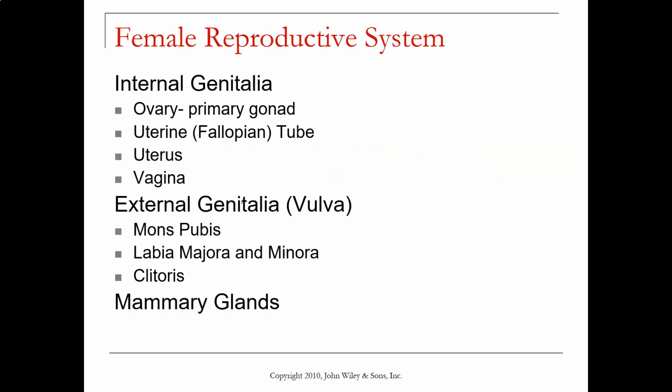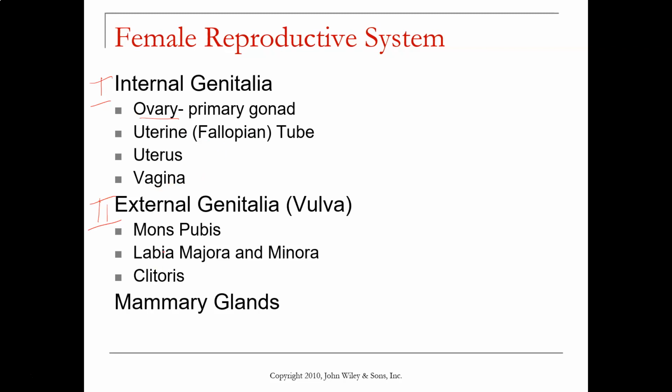Here's a list of the organs in the female, divided up into the internal genitalia, which you cannot see externally, and the external genitalia. For the internal genitalia, we have the primary gonad, the ovaries, the fallopian tube, uterus, and vagina that we just talked about.